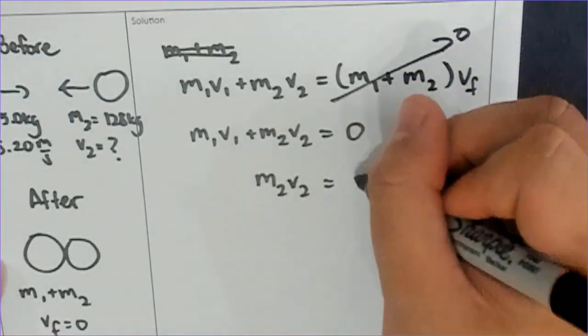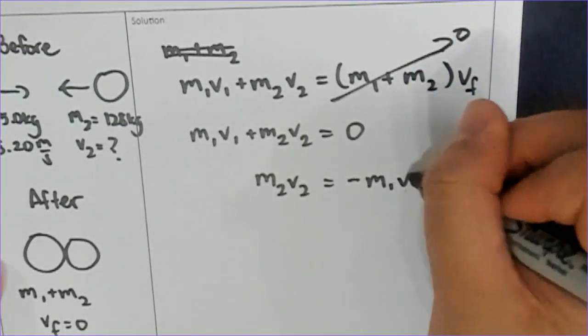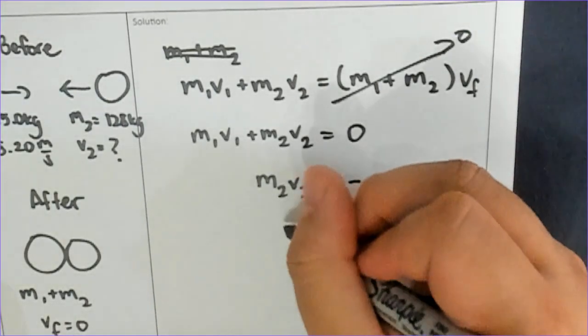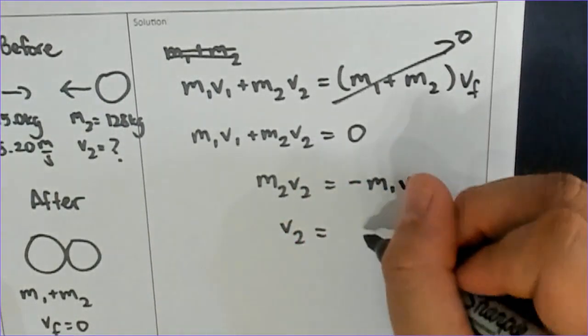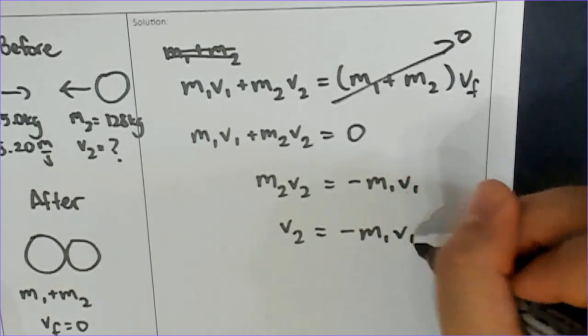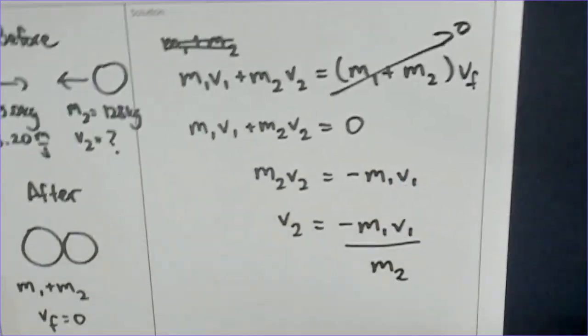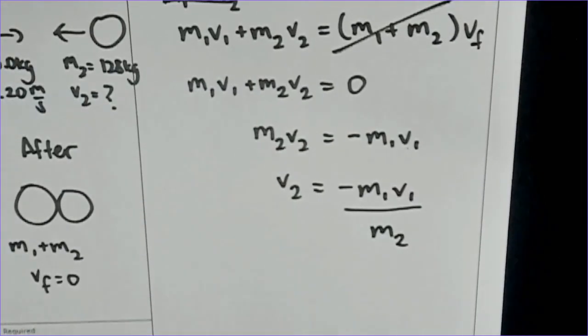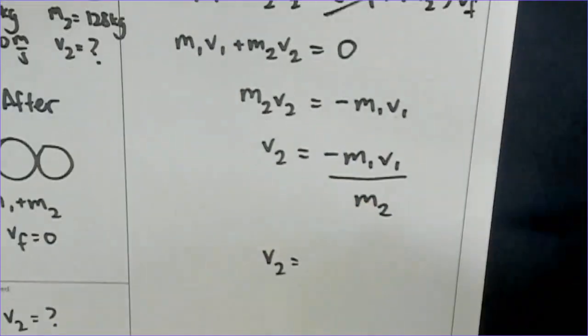M2 V2 is equal to, if we transfer M1 V1 to the other side, negative M1 V1. Now we just divide both sides by M2 to get negative M1 V1 all over M2. Now we have an equation by which we can plug in all of our known values to solve for the unknown V2.